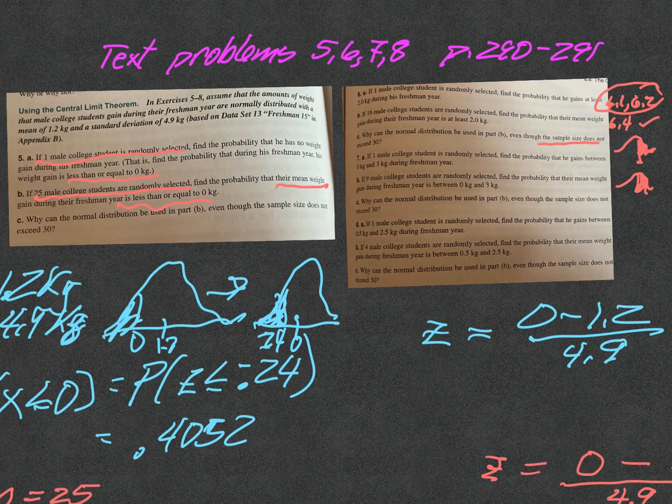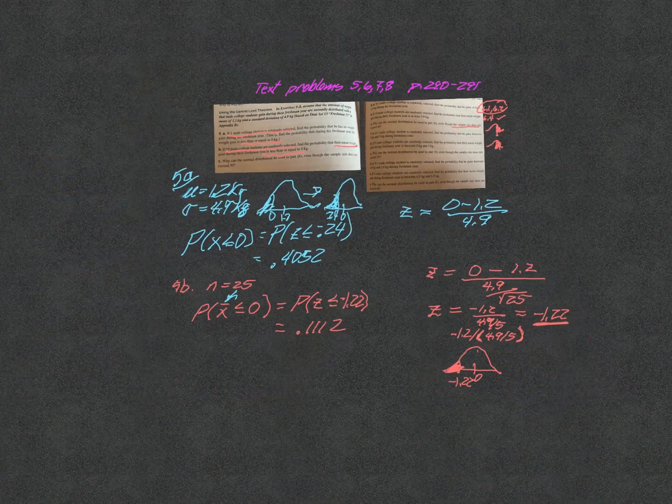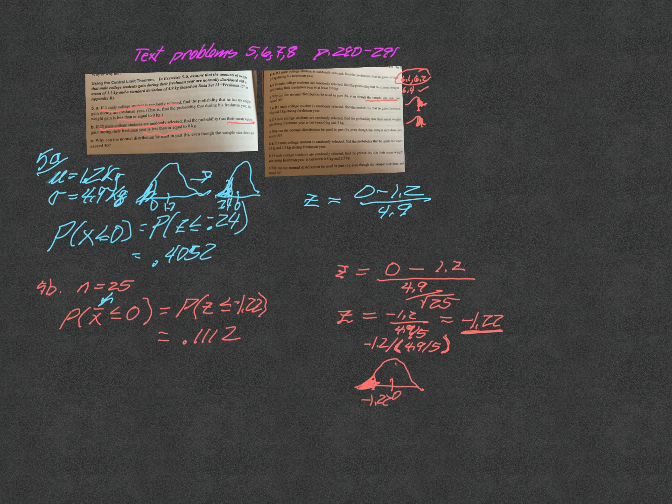Okay, so let's do another problem here. Oh, by the way, I should probably do this one by calculator. So normal CDF to check my answer. So I'm less than negative 1.22, so it's negative infinity.